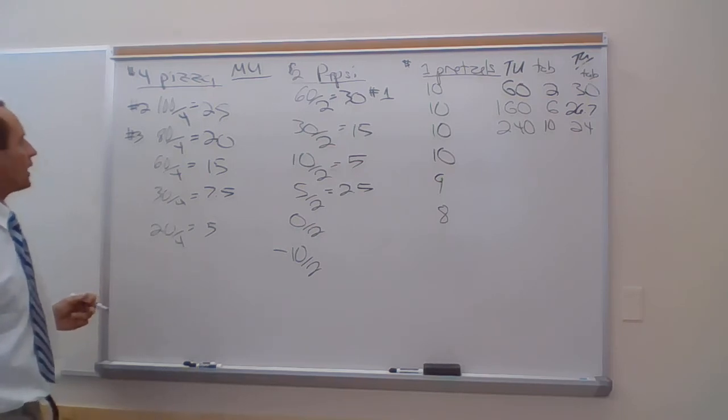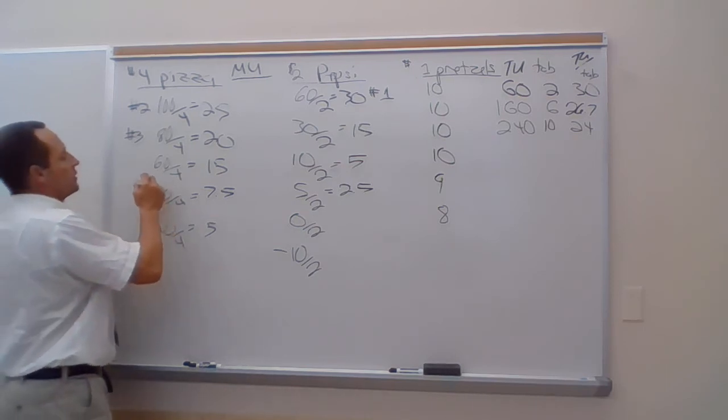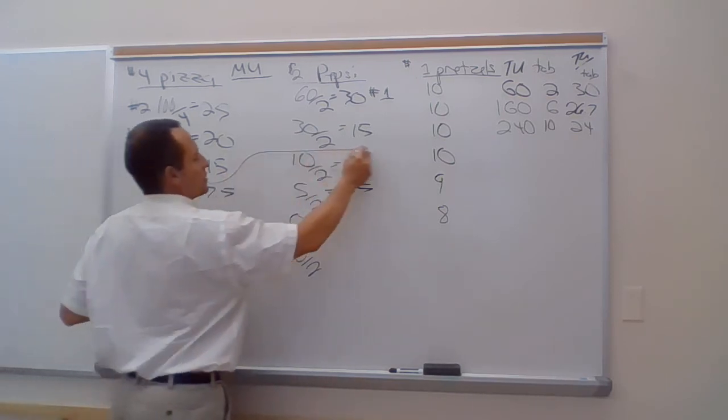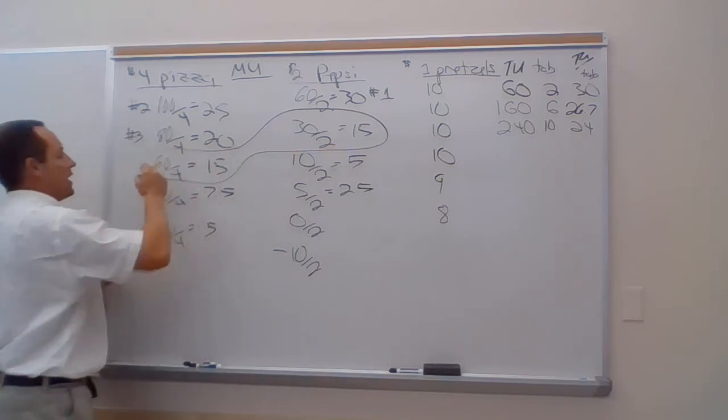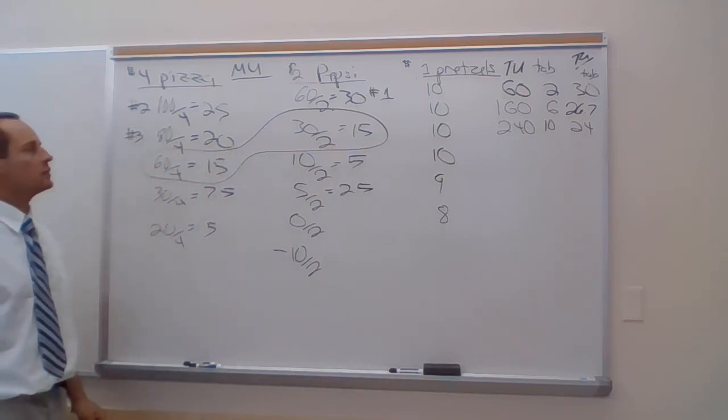Okay, what item shall we have fourth? Fourth place, we have a tie. We have a tie between soda and pizza.